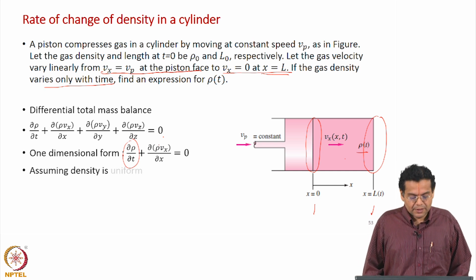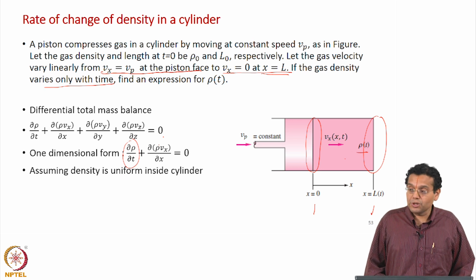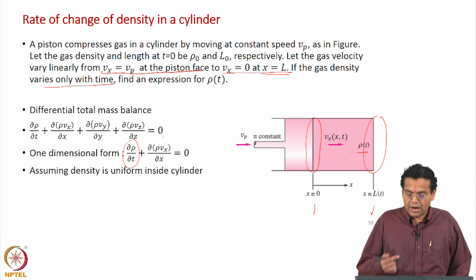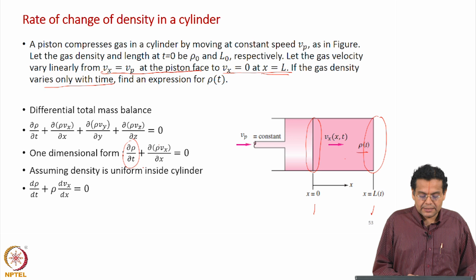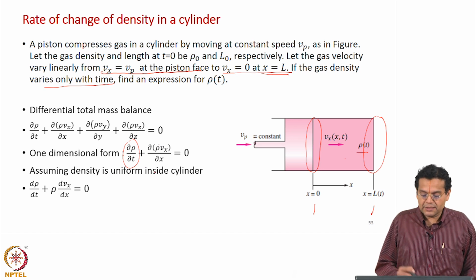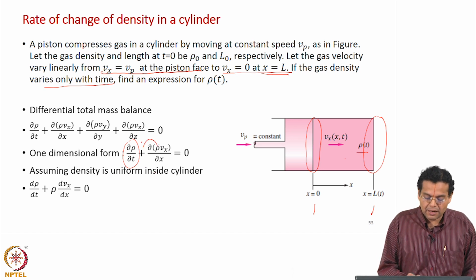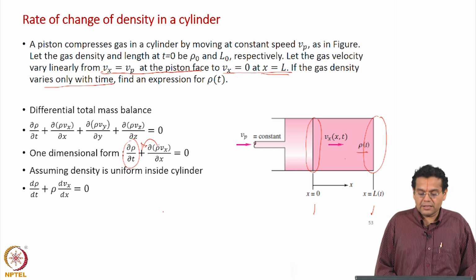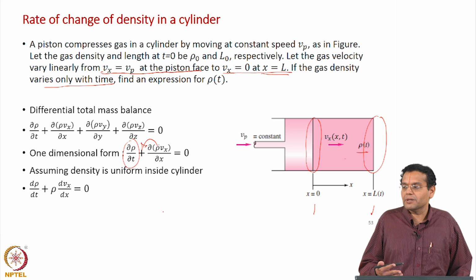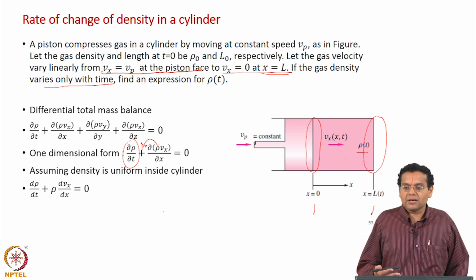Now, if you assume density is uniform inside the cylinder, I am not saying density is not a function of time, density is assumed to be uniform inside the cylinder. Now, I take it out of this derivative. So, density plays a role in this form of the equation. In all our earlier equations we never saw the density at all.